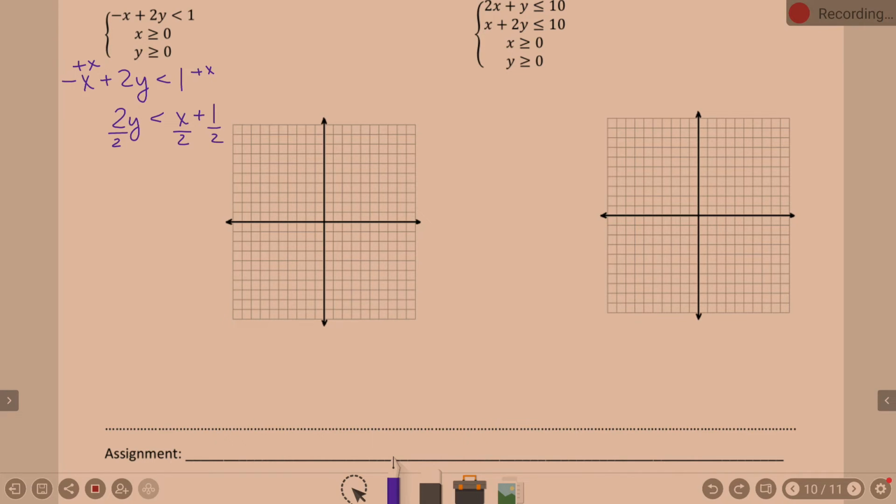To get y by itself, divide by 2. Y less than, now, what's your brain need to think when you see x divided by 2? 1 divided by 2. Yeah, 1 divided by 2. So this is 1/2 x plus 1/2.